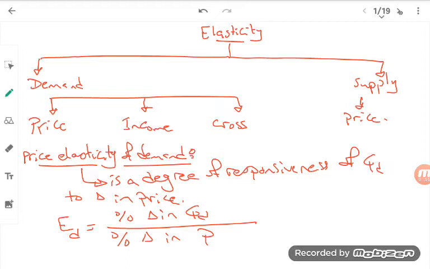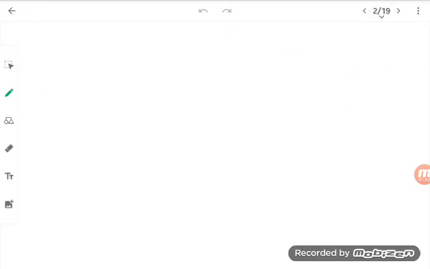As we said, there are two different types of price elasticity of demand: point elasticity and arc elasticity.